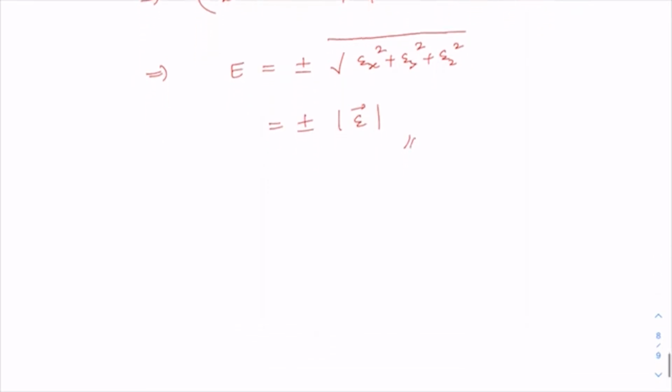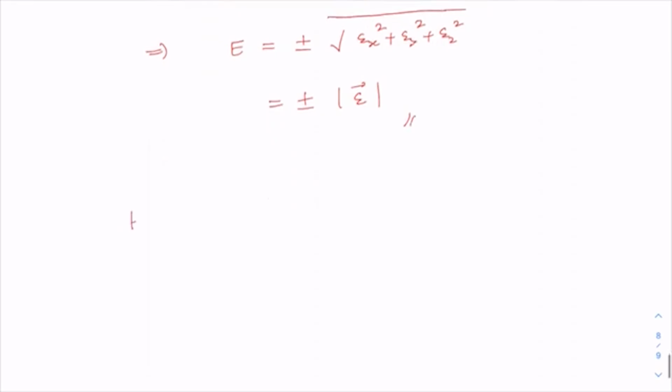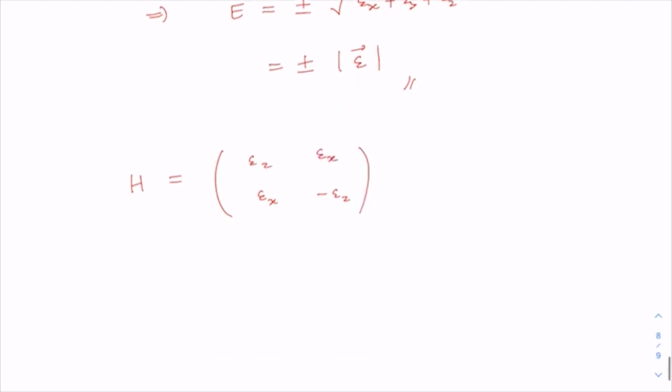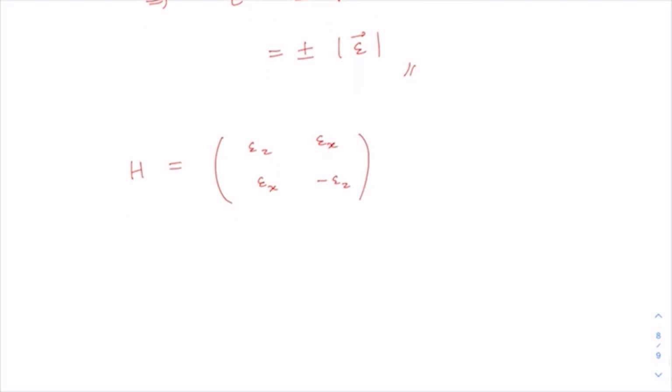Now let us consider a two-level system with the Hamiltonian like this. Say we have epsilon z, minus epsilon z, and now we have non-zero off-diagonal elements epsilon x here. Let me consider epsilon y to be 0, and then the eigenvalues of this Hamiltonian would be plus minus square root of epsilon x square plus epsilon z square.